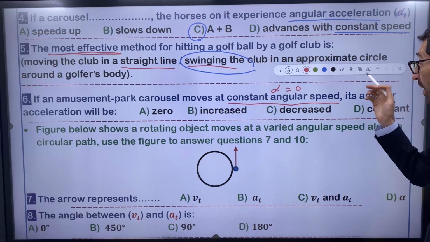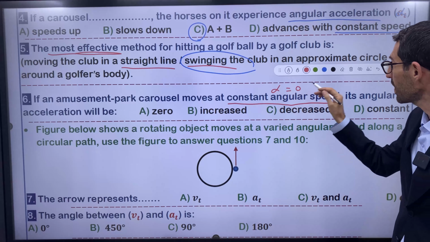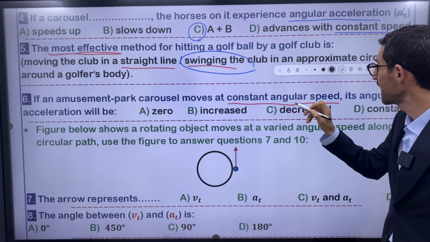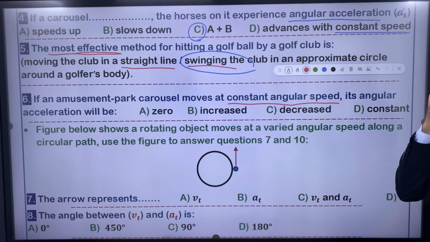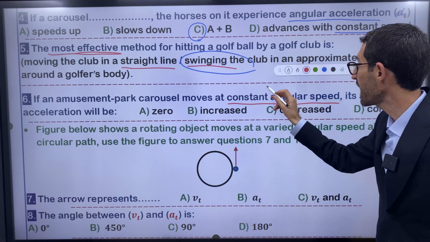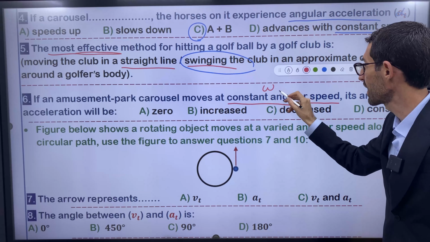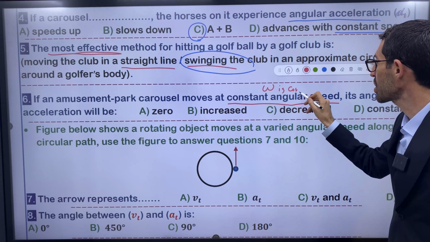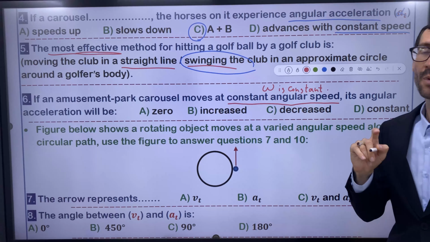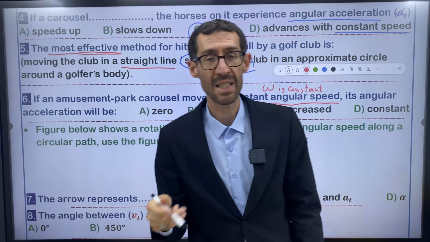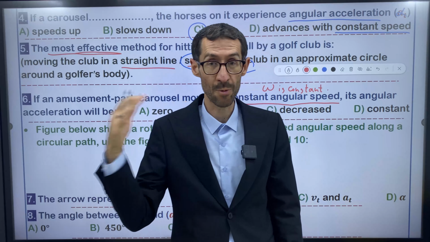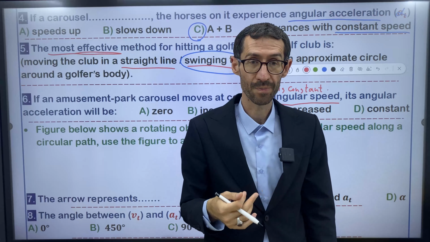Excuse me, but before I say this, I didn't mean to write this actually. Constant angular speed means omega is constant. Omega is not changing, it's constant. What does it mean? The object moves or rotates or circles with a certain value without speeding up or slowing down.